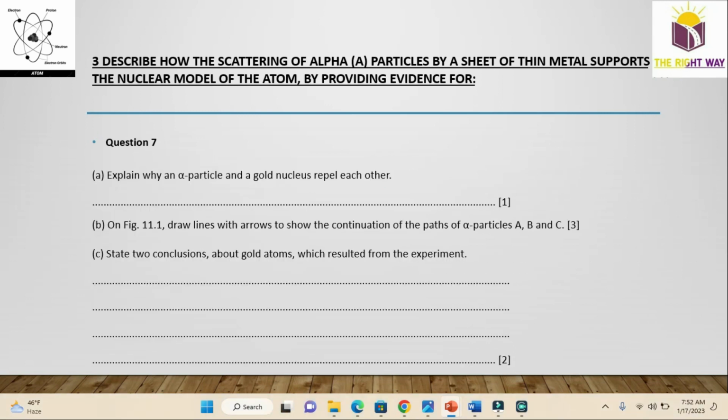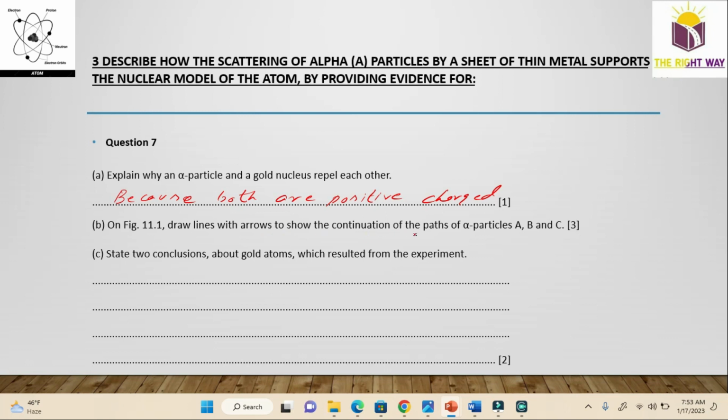Explain why an alpha particle and a gold nucleus repel each other. Because both are positively charged.